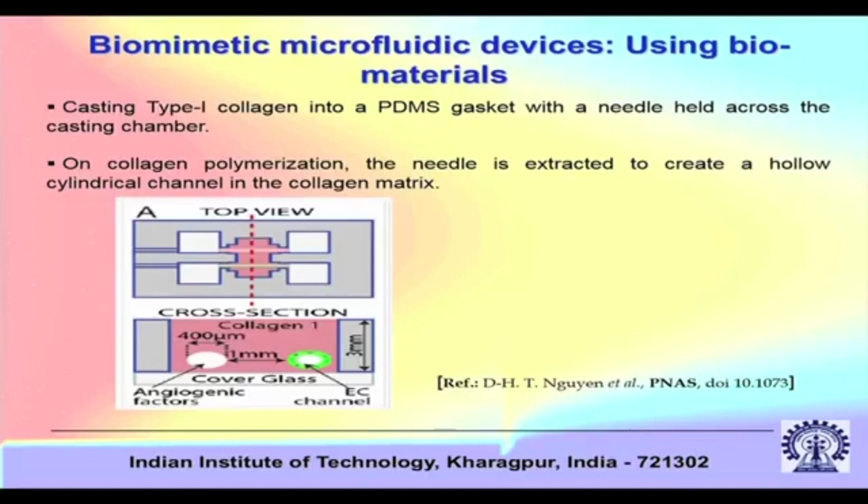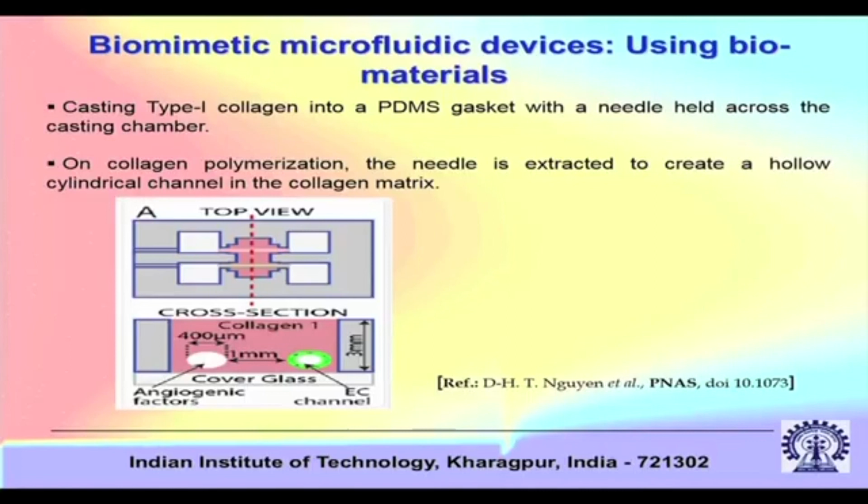So one can cast typical materials, for example collagen, into a PDMS gasket with a needle held across the casting chamber. On collagen polymerization, the needle is extracted to create a hollow cylindrical channel within the collagen material. Collagen is related to tissue engineering.